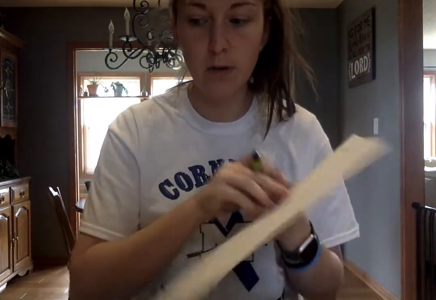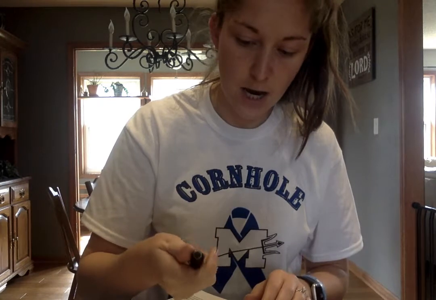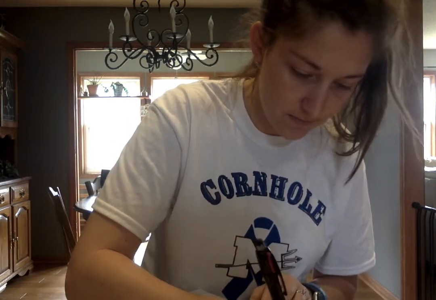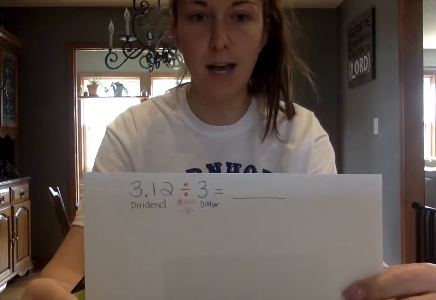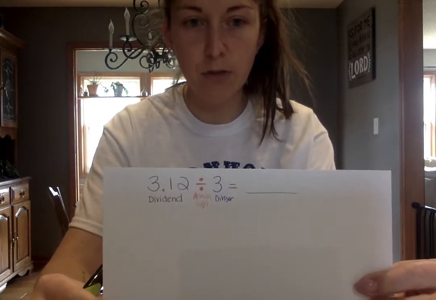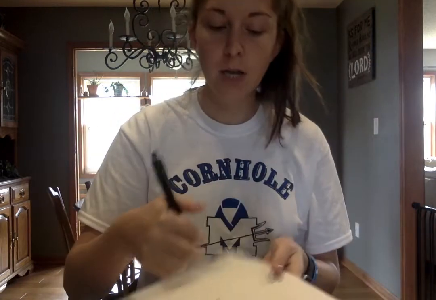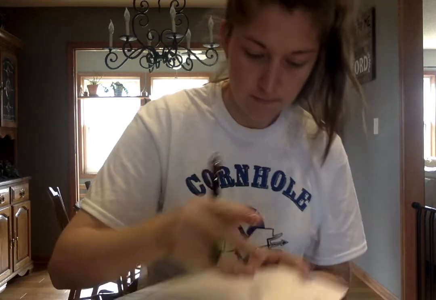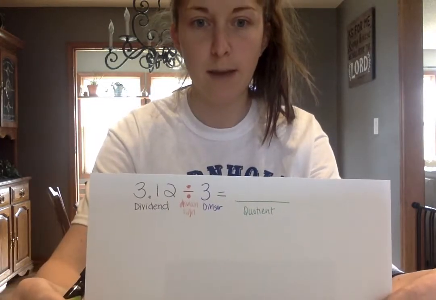And then the blue number there, the 3, is going to be called our divisor. So there's that. I've underlined the answer in green just because I want you to remember the answer to a division problem is called the quotient. So it looks like that.